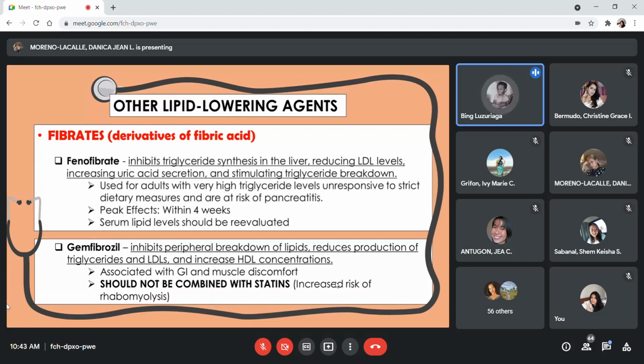If you are a voracious rice eater, most likely if your cholesterol increases, it's more on your triglyceride. So if it is more triglycerides that are elevated and less of the other types of cholesterol, this is the best drug for you, your fibrates, your fenofibrates. Again, because the main mechanism of action is it decreases the synthesis of your triglycerides.